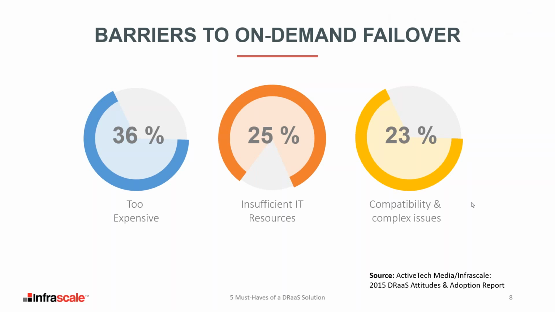Well, the number one reason that's holding them back is the perceived high cost of disaster recovery solutions. After that, having insufficient IT resources and solution complexity were the next highest barriers to adoption. By the way, if you want a copy of the report that outlines many of these findings, you can go to the handout section, where we've uploaded the report, and you can just download it for your edification.